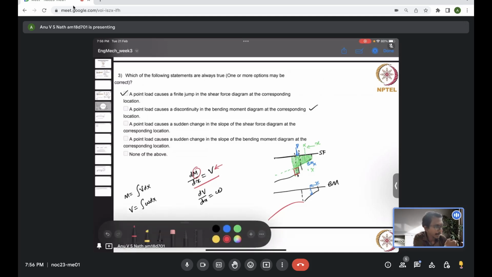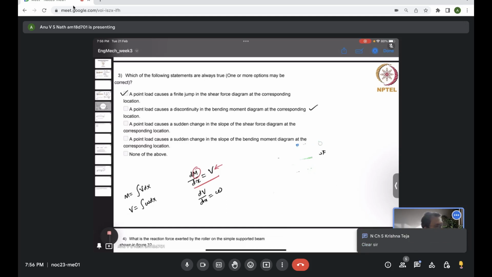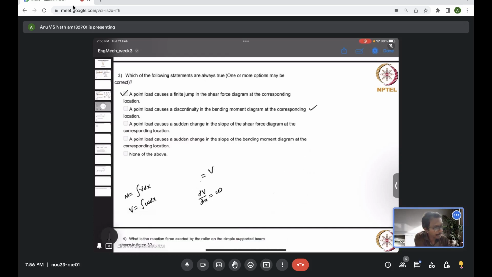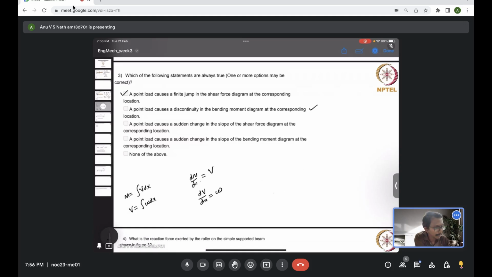So in simple words, just look at the equations. So first of all, we said there is a point loading, so that is causing a discontinuity in the shear force.